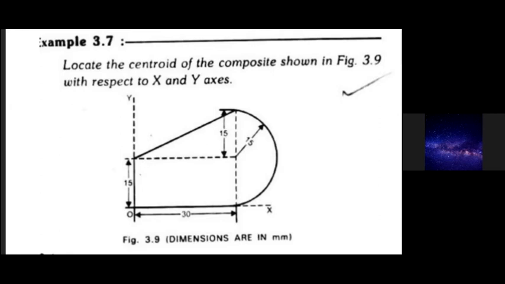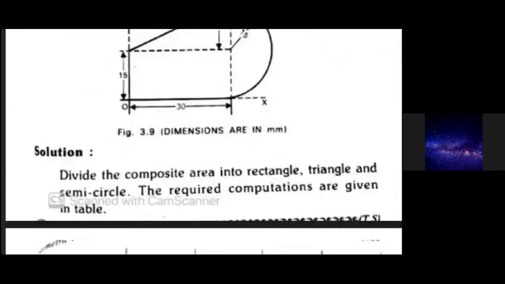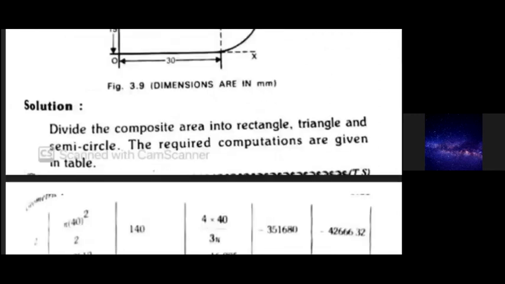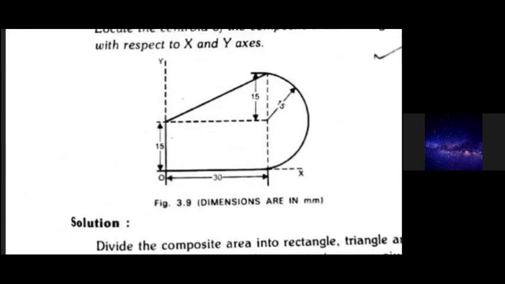But here the three parts have to be added. So divide the composite area into rectangle, triangle, and semicircle. Here also the dimensions are in mm. So find the areas and centroids of each component from the given x axis.